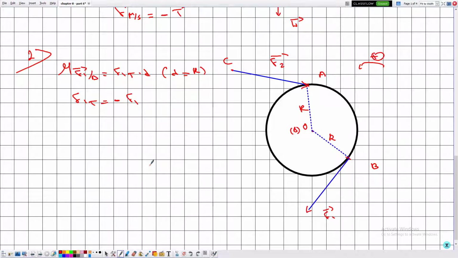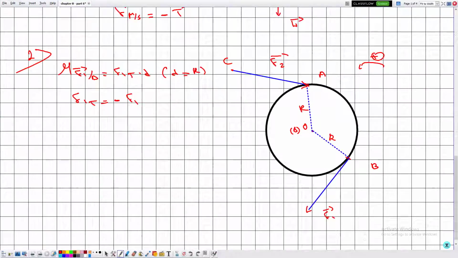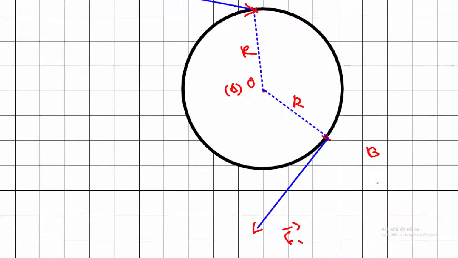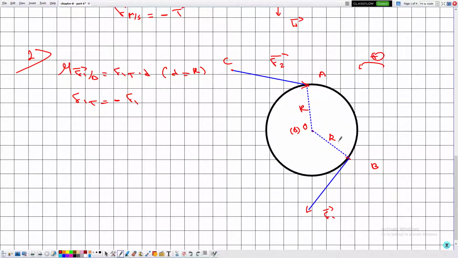Now what about the moment of the force F2? Okay, before discussing the moment of the force F2, let me refer here. I'm always saying that this distance t is the distance between the axis of rotation and the point of application of the force F2, which represents the distance OP. Now we are interested in calculating the moment of the force F2 around the axis delta, which is given by F2 tangential multiplied by the distance t.